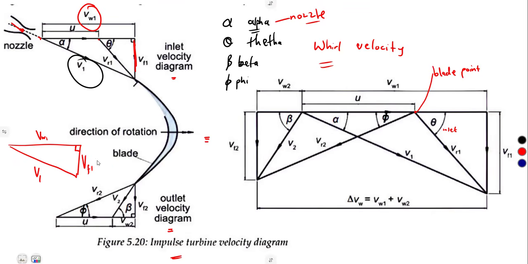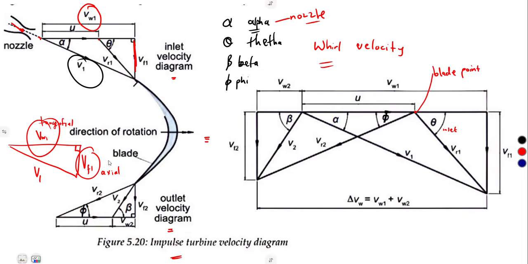So V1 is taken as components of these two, where VW1 is the tangential component and VF1 is the axial component.